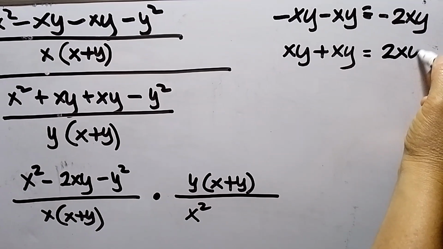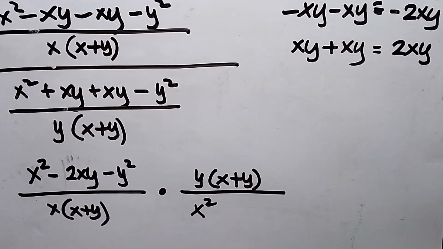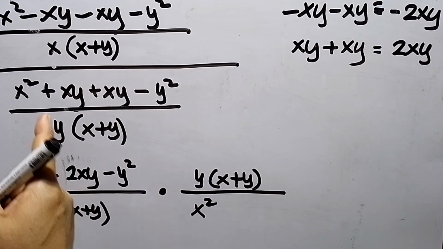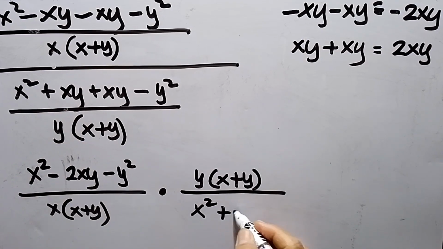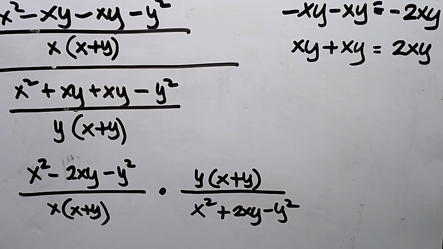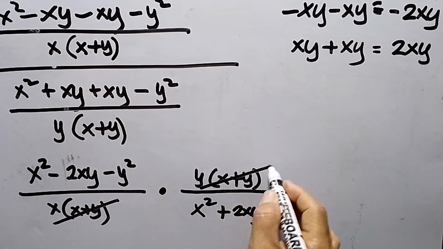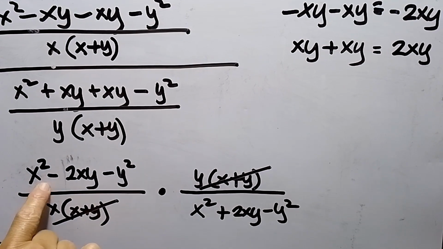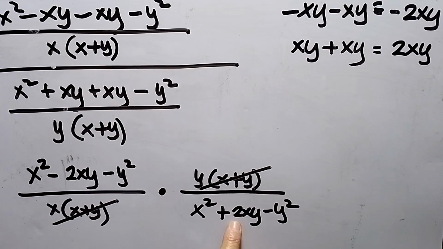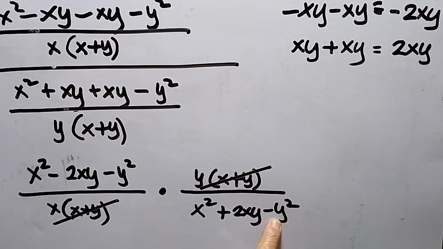Just copy the variables, which is xy. So this one will be 2xy, then minus y squared. So this one will be crossed out. And take note, this one cannot be factored, and also this one, because the middle term is 2, while this one is y squared. So I need to copy.